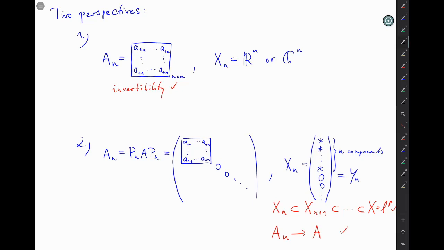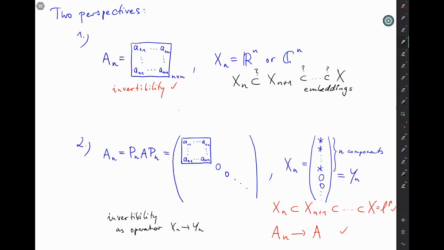Okay, we just spoke about how to fix all these problems. So for example, in the second perspective, you can talk about invertibility, but of course you always have to remind yourselves that you're not talking about operators from X to X, LP to LP, which would look at the whole infinite matrix, but only as operators on these subspaces Xn and Yn here. And up here, if you want to write something like Xn is contained in Xn plus 1, that would certainly need a special kind of embedding before you can say the plane is part of the 3D space.